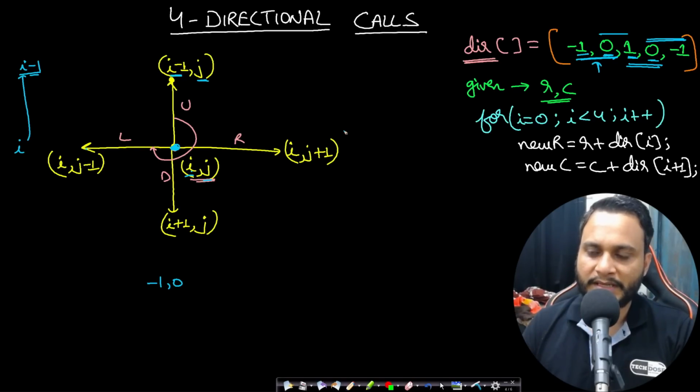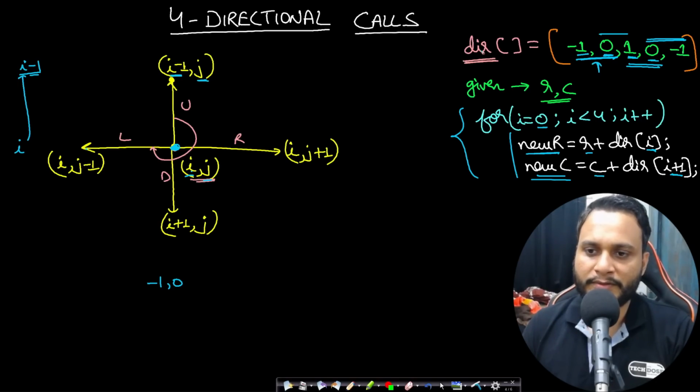So from this direction array, if you add direction at i and direction at i plus 1 to the row and column, then you will be finding the new row and the new column. Okay, so this can be included in a for loop, and by using this new row new column, you can make the same DFS call and make the 4 directional calls without having to write the DFS 4 times, right? So this I have also implemented in the code.